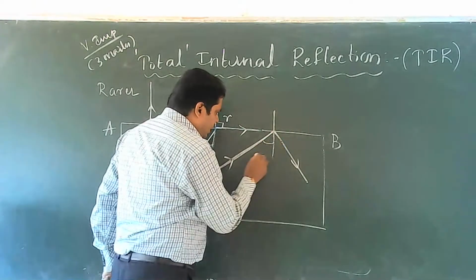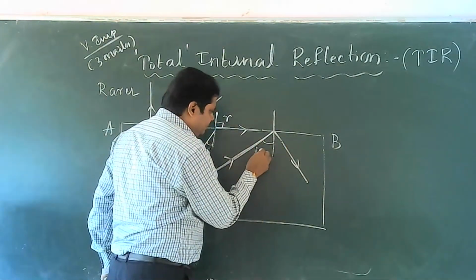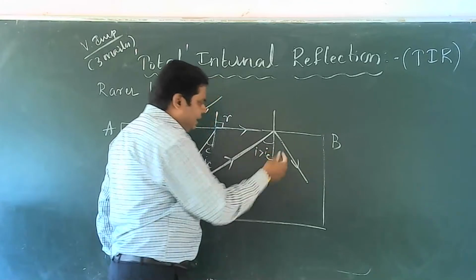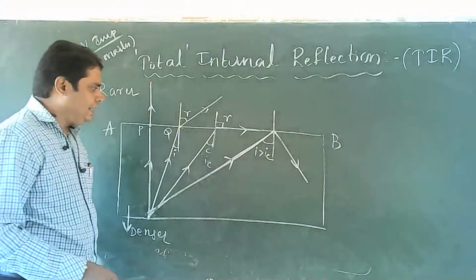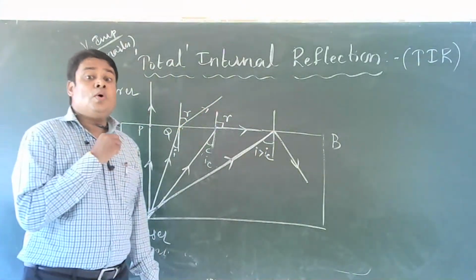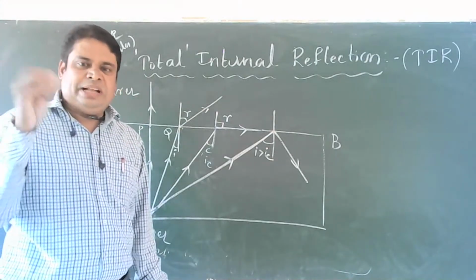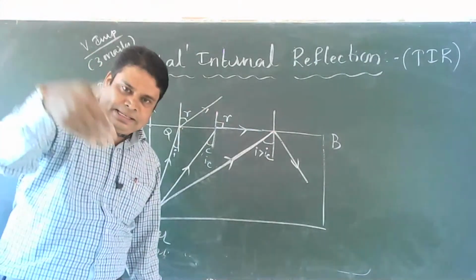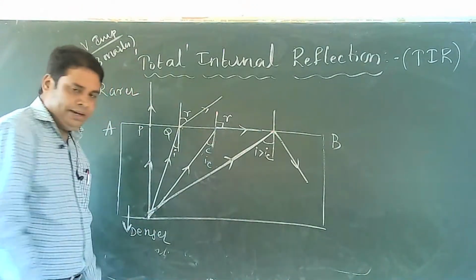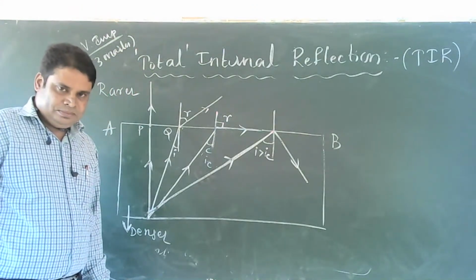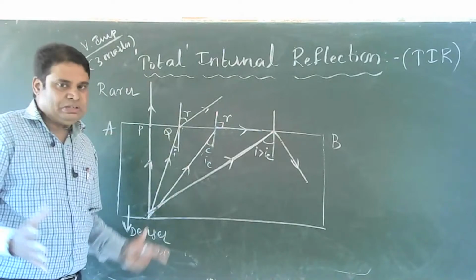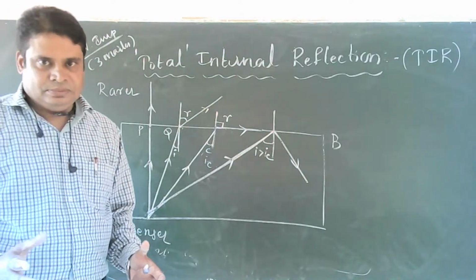If your angle of incidence is greater than the critical angle, then you observe no refraction at all. The light totally reflects in the same medium, which means the denser medium. So this whole thing is called total internal reflection.